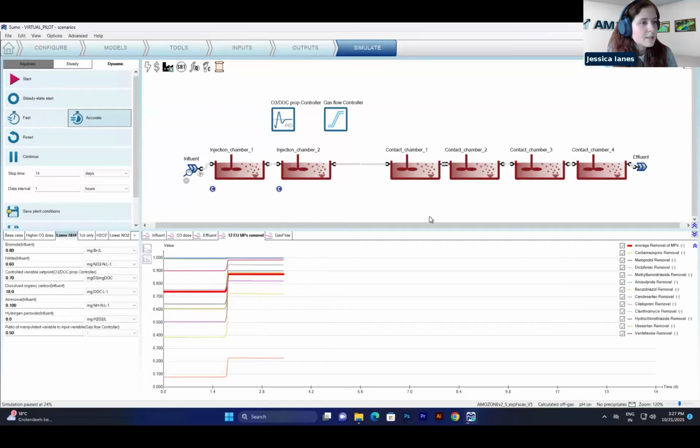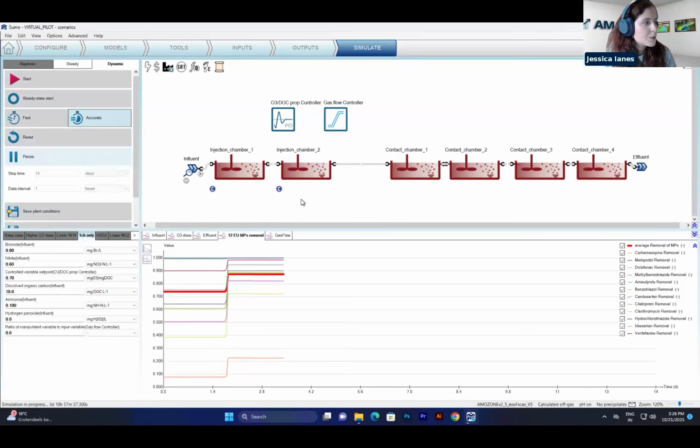Something else that we can test with the virtual piloting, in this case in terms of operating conditions, is that we can have maybe only one chamber active. This is due to the fact that for the diffusers, for example, you have a minimum gas flow that you can inject per diffuser. So in this case, maybe you want to have only one injection chamber active.